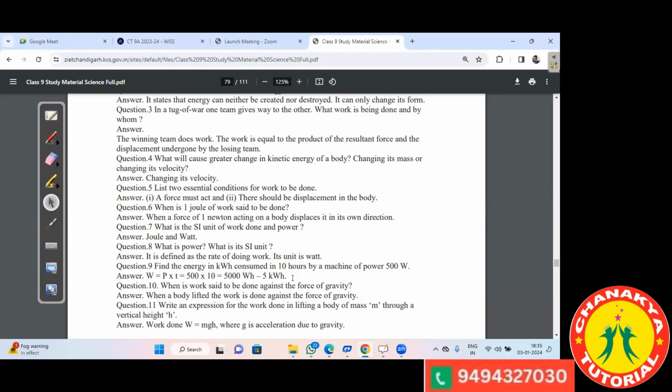Sir, I'm doing it. If you are still doing it, see, I told you a simple method. Convert watt to kilowatt and use your time in hour.